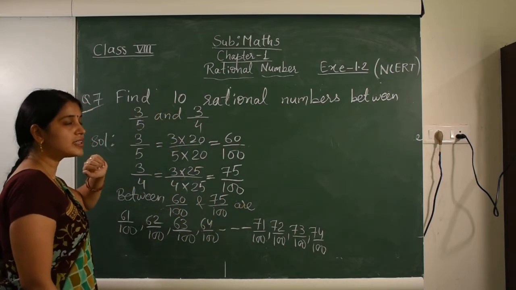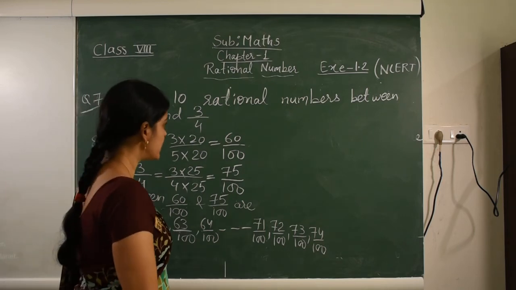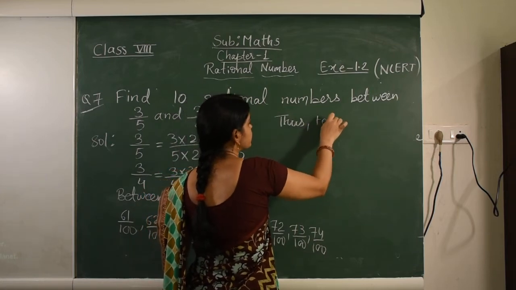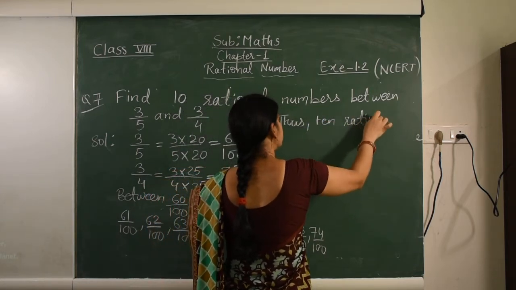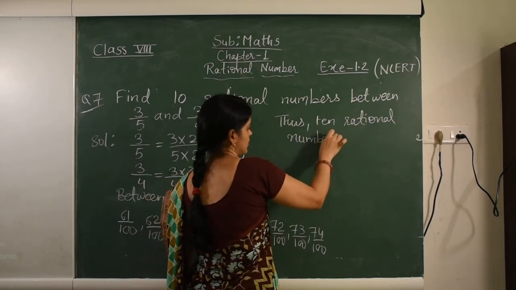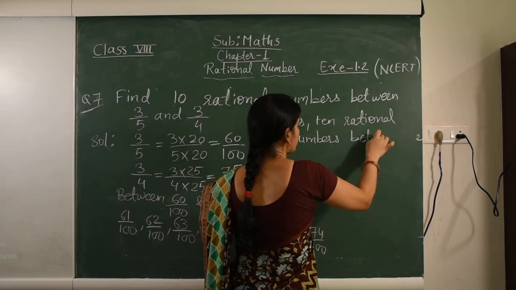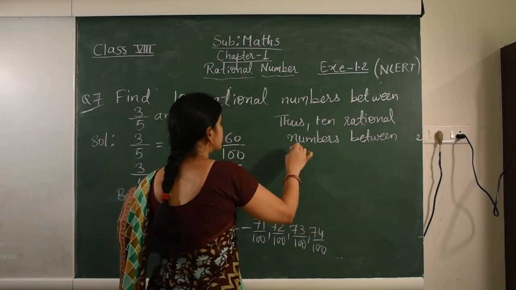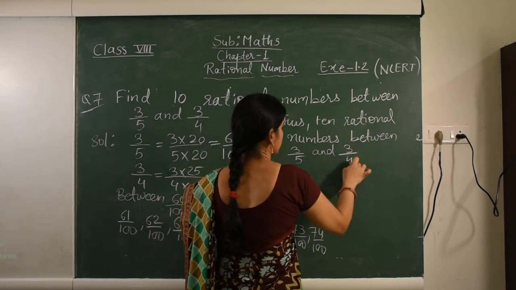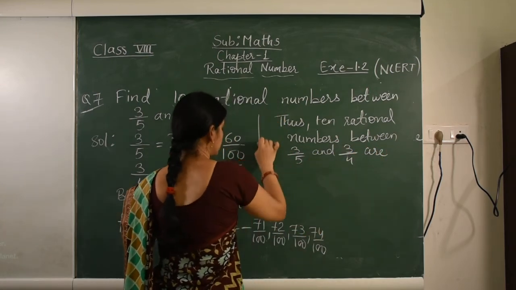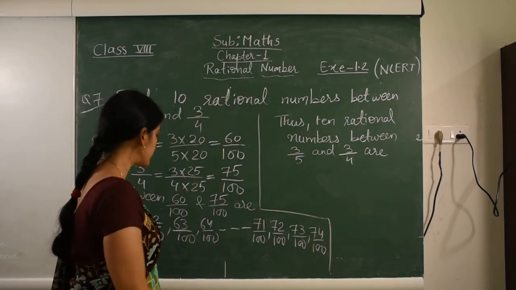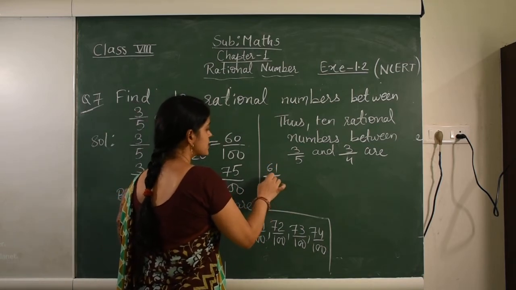But how many do you want? We want 10 rational numbers. Thus 10 rational numbers between 3 upon 4 and 3 upon 5 are: we can select any, so we can start from 61.